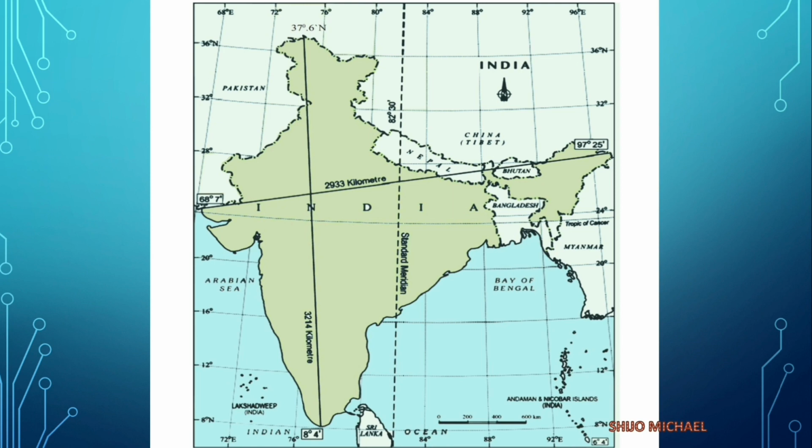This map also gives a little more idea about the height and width of India. The height of India is 3214 kilometers and the width is 2933 kilometers.